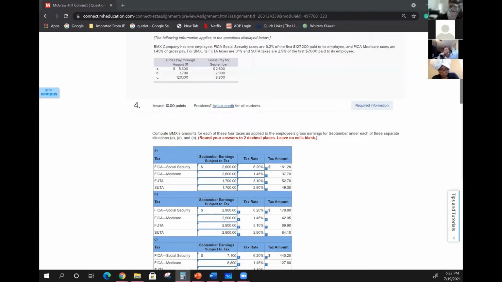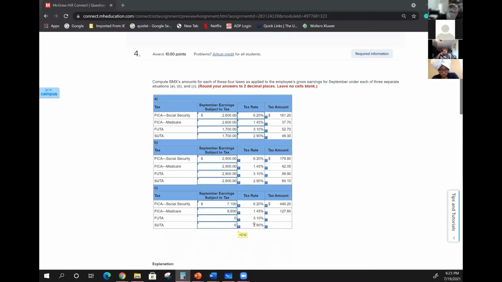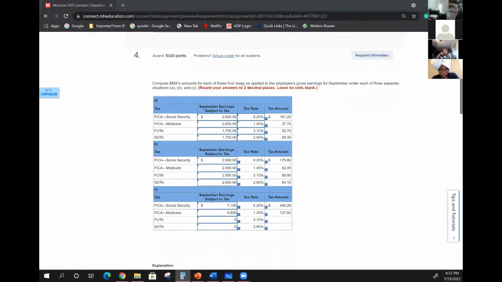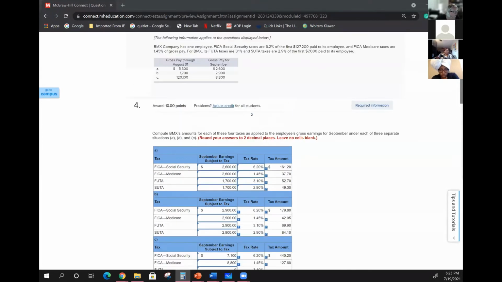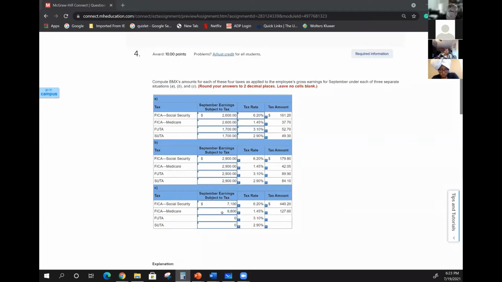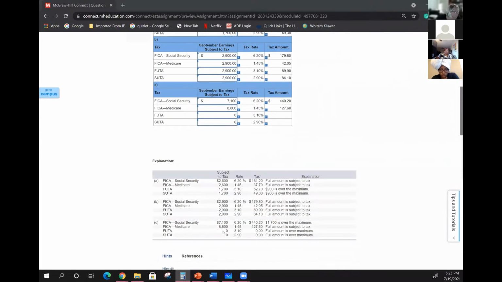I only have to pay that 6.2% on the $7,100, not the full amount that I'm paying of 8,800, because I've gone over the 127,200, so I only want to go to that point. That's where the 7,100 comes from to multiply by the 6.2. I use the amount they gave me, 8,800, for the 1.45%, and since I'm already over 7,000 at 120,100, I don't have to charge unemployment tax on the other two. Okay, so that's how we do that table.